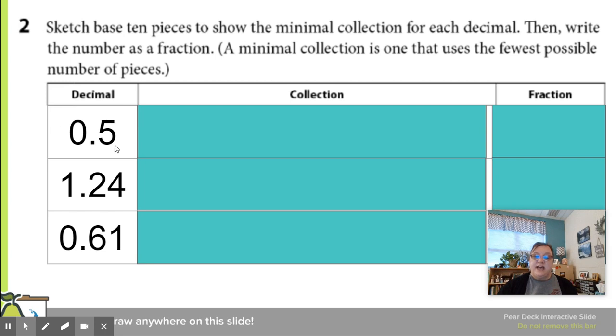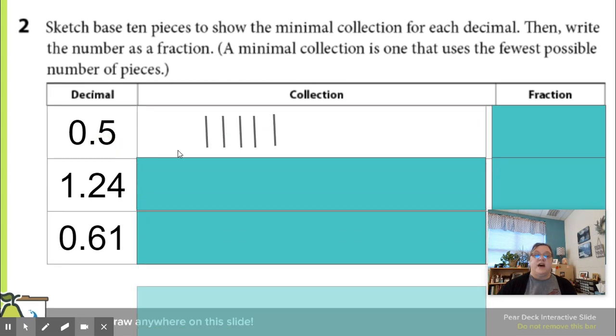So here we have 5 tenths. Draw in how you would show that with base 10 pieces. So first off, do you have any ones? No, so you wouldn't have any mats. Remember, a mat is a square. So look at the tenths place. You have 5 tenths. So think about, well, what do we use to show tenths? Those are the strips. So we need 5 strips.